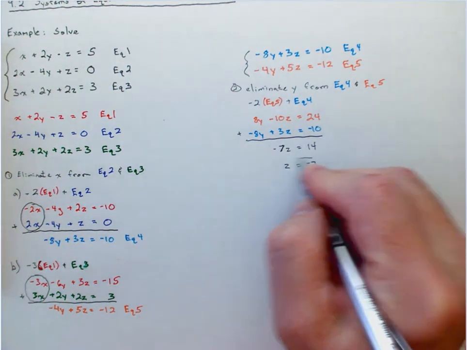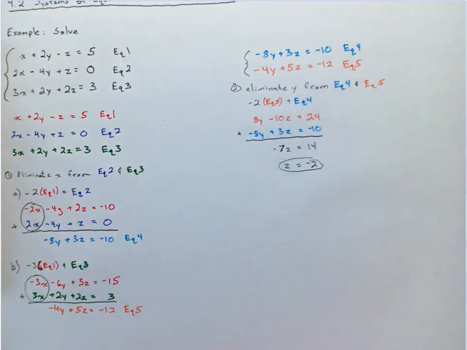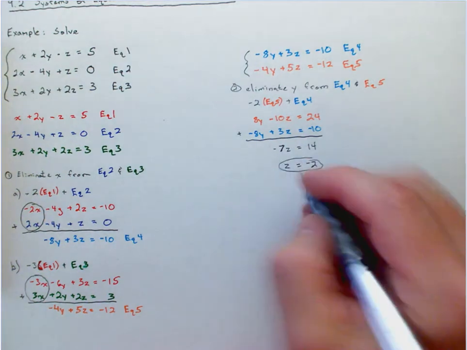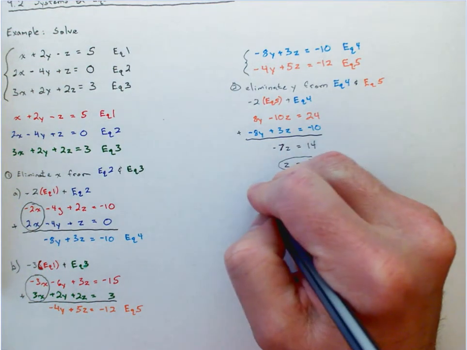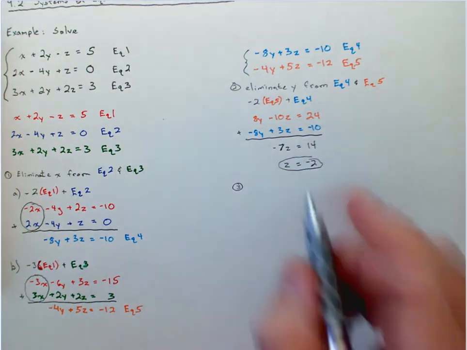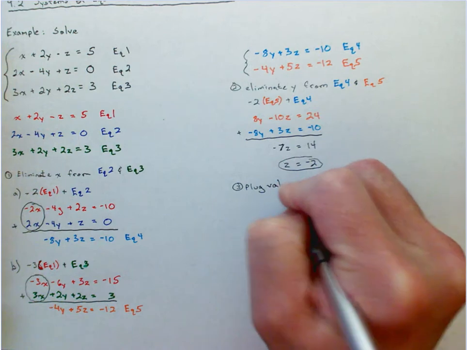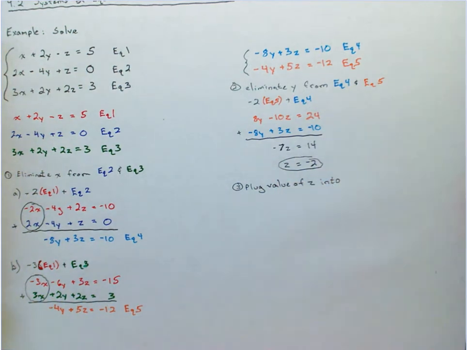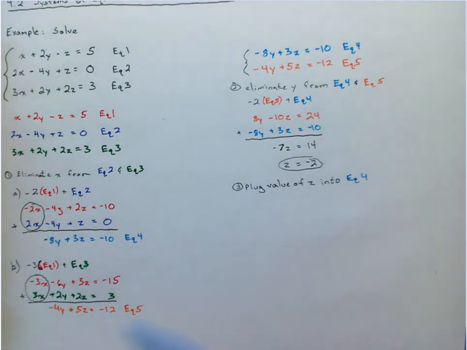So z equals negative 2, and I'm going to pick one of these two equations to plug into. It doesn't matter which one I pick. I will just do equation 4. This is step 3. Plug the value of z into equation 4. You can choose equation 5, but I'll use equation 4.